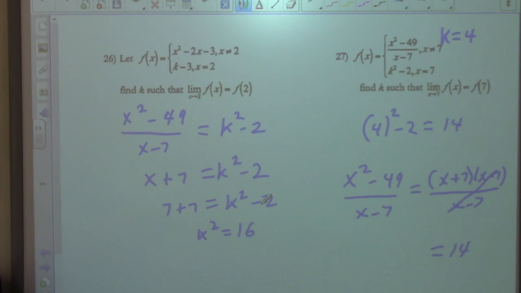So Kaylee, that's what you got so far? Okay, what is k equal to? Plus or minus 4. So k is equal to 4, but also equal to negative 4. Okay?